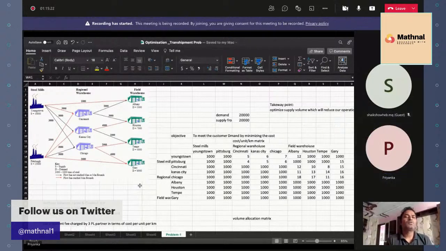So the demand is 20,000. The capacity to supply from factories is 25,000.